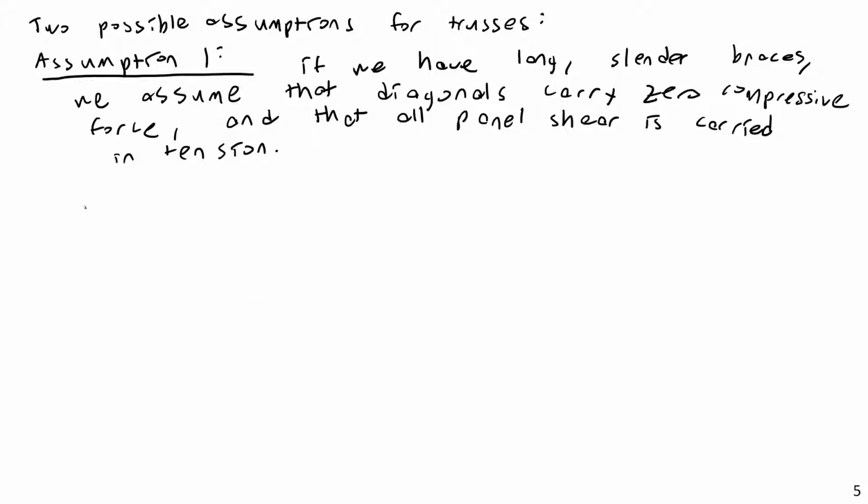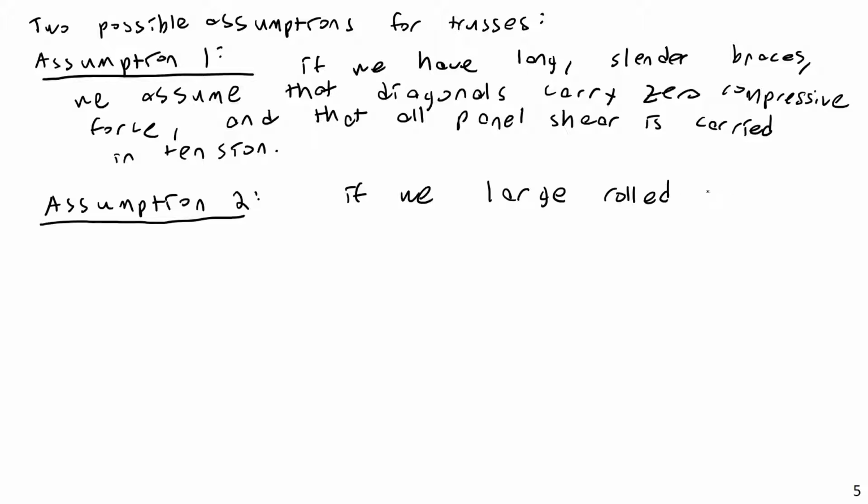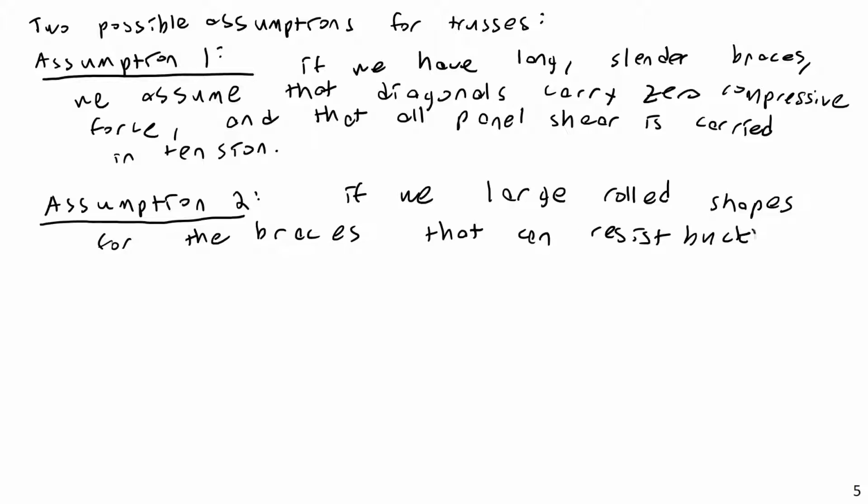And then assumption 2, and I know we haven't discussed what panel shear is yet, but I will define that. If we have large rolled shapes or compact shapes for the braces that can resist buckling, we assume that each brace carries an equal magnitude load.